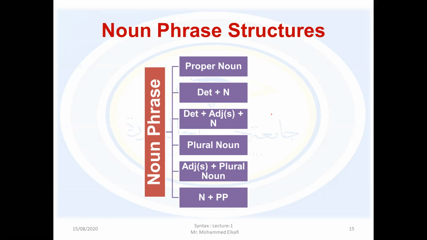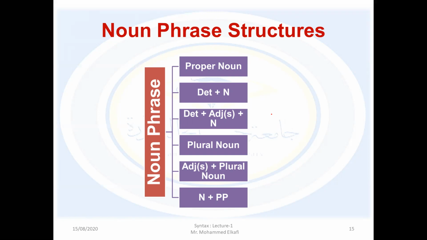The fifth structure of noun phrase includes one adjective or more plus plural noun, as when we say beautiful houses. Beautiful houses. Or beautiful big houses. Here we use 2 adjectives plus noun.